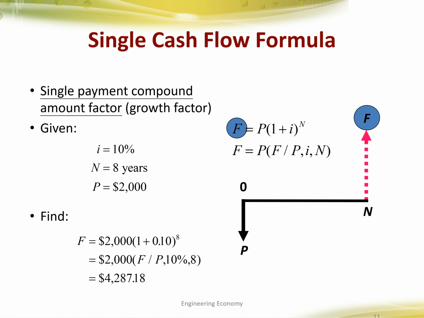And we look it up from the back of the appendix of the textbook. We can come up with a value which is probably 2 point something, and when we multiply them, it will also come to 4,287.18. So the two will give us the same future value.